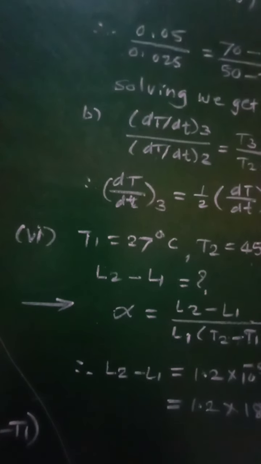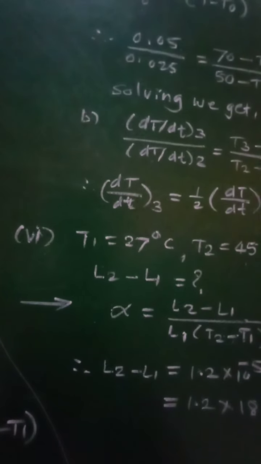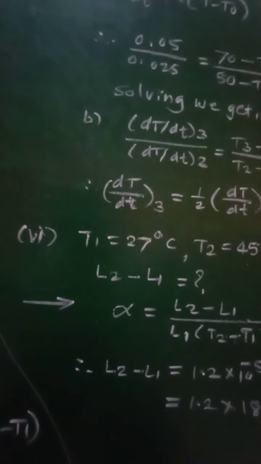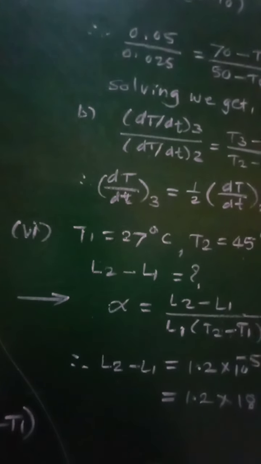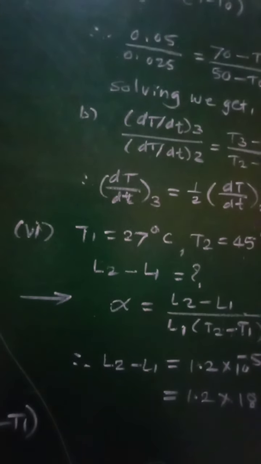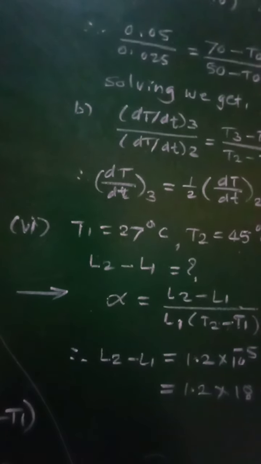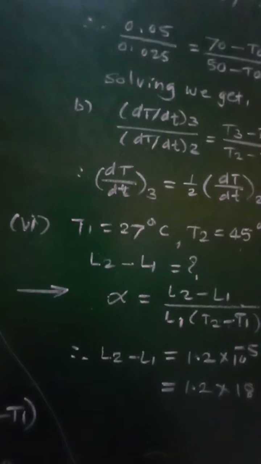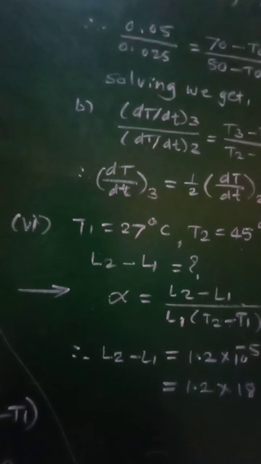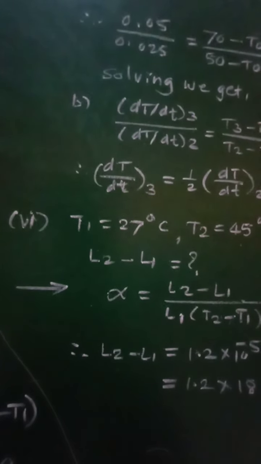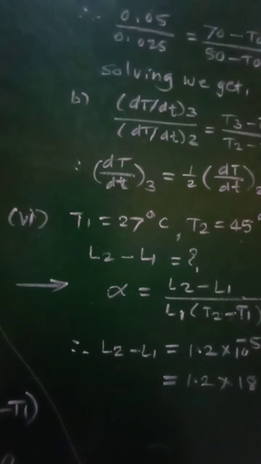Then let us go for the sixth numerical. In olden days, while laying the rails for trains, small gaps used to be left between the rail sections to allow for thermal expansion. Suppose the rails are laid at room temperature, that is 27 degrees Celsius.